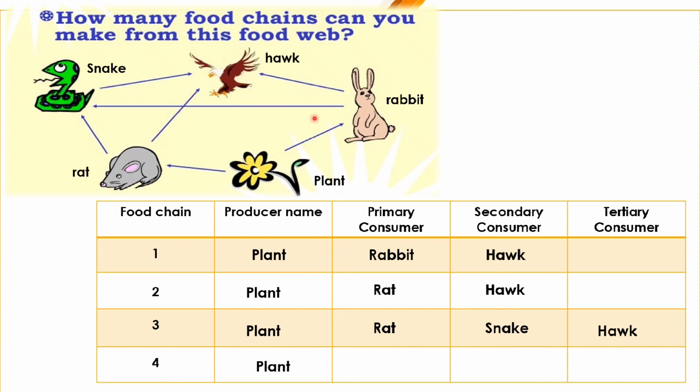For number 4, again we have plant, and we have rabbit, we have snake, and then we have the tertiary consumer, which is the hawk. It's very simple, right? So just follow the arrow.